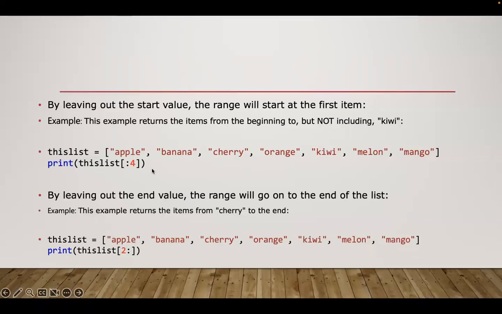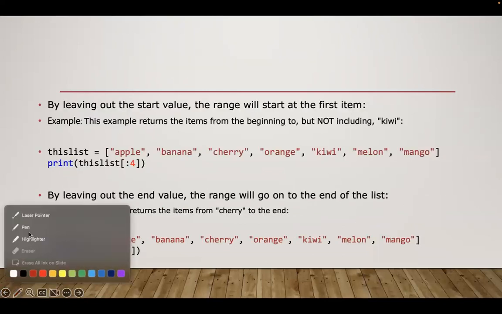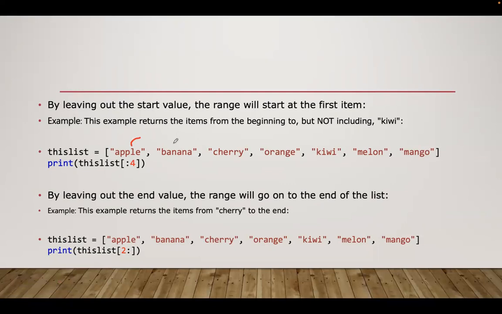In that case, it's going to call apple, banana. Mind you, count with me. This is 0, 1, 2, 3, 4. So it's going to call apple, banana, cherry, orange, and it's not going to call 4. It's going to stop here.